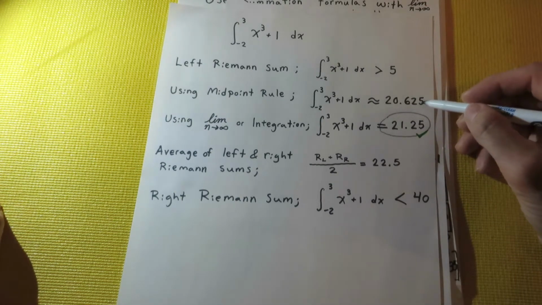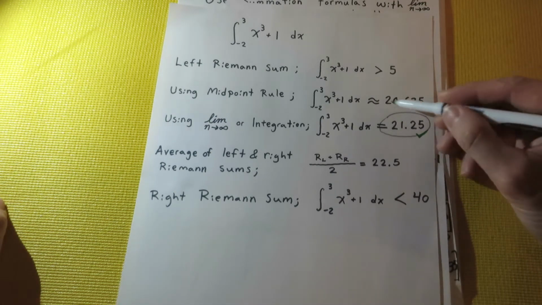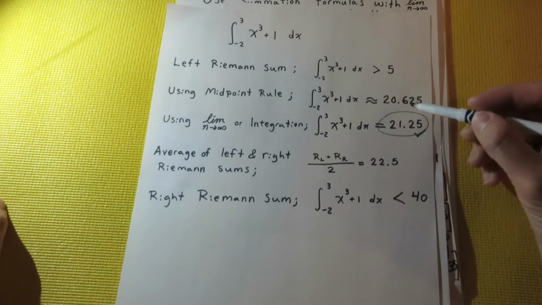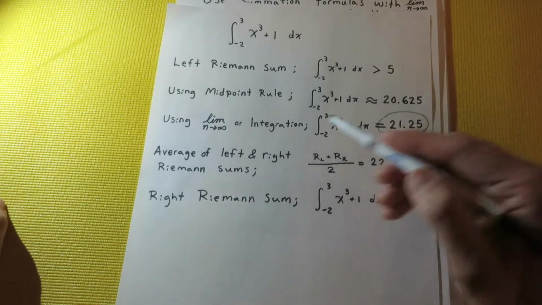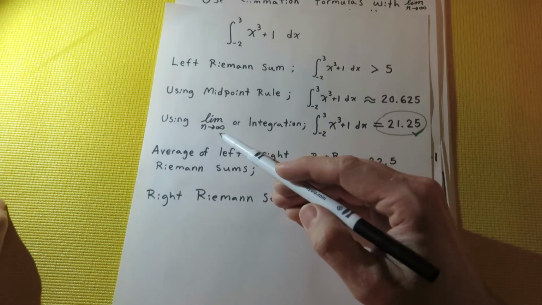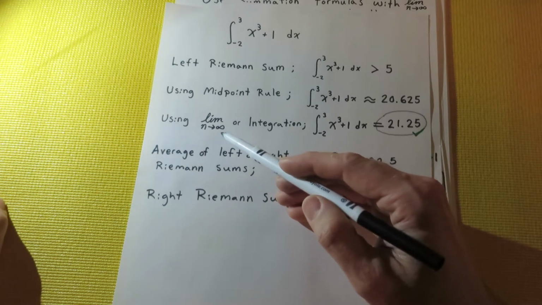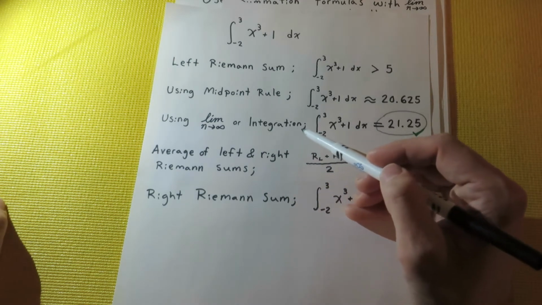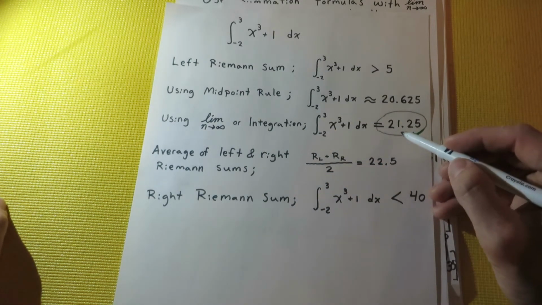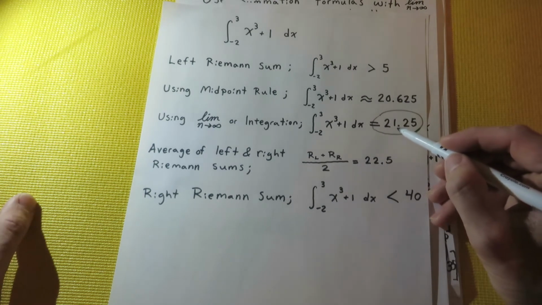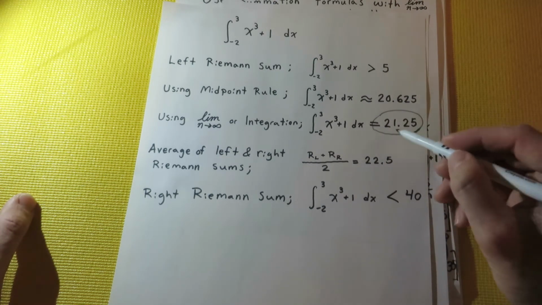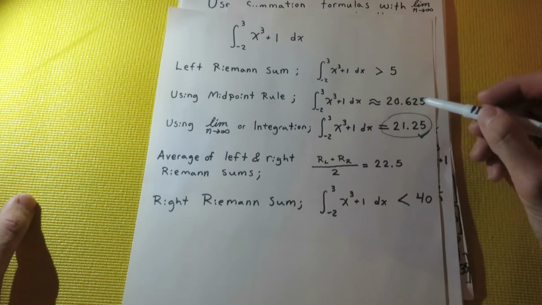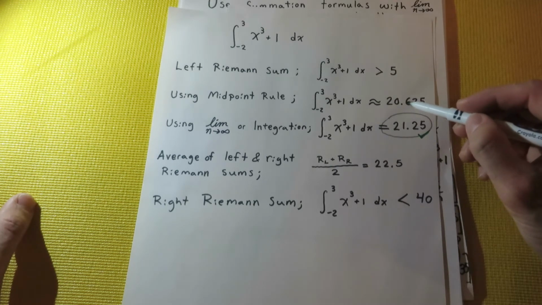So when we did our midpoint calculation here, we got an approximation that was closer than this 22.5 here.